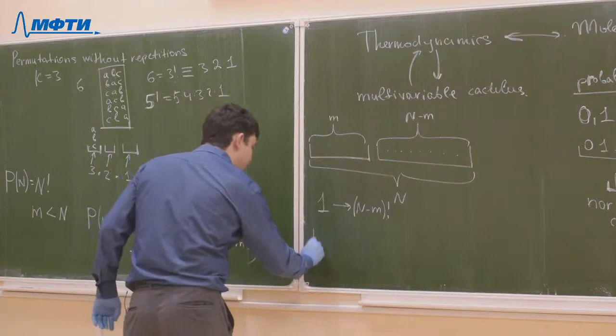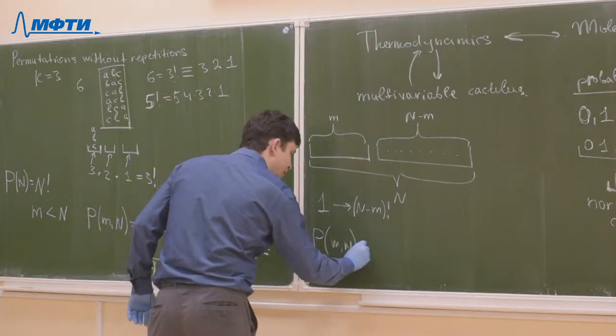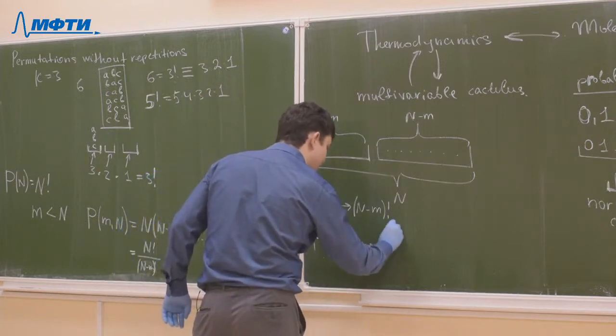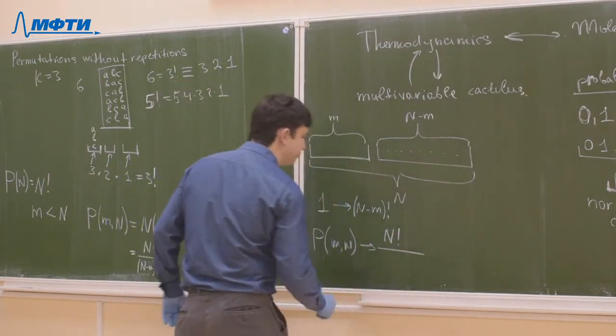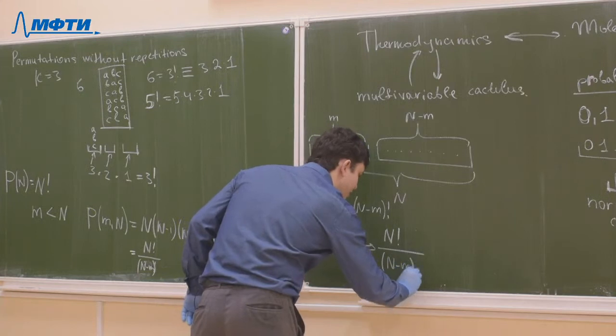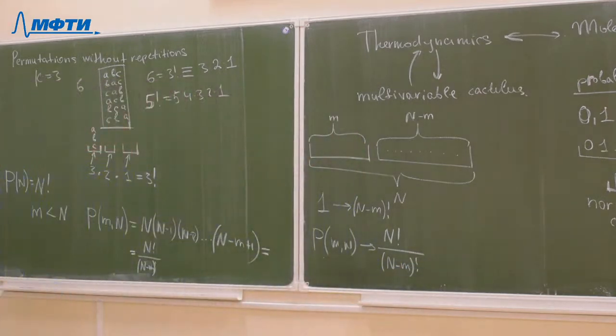So the number you want to find, P of m and n, corresponds to the total number of permutations of n objects divided by the number of permutations per one permutation of the first m positions.